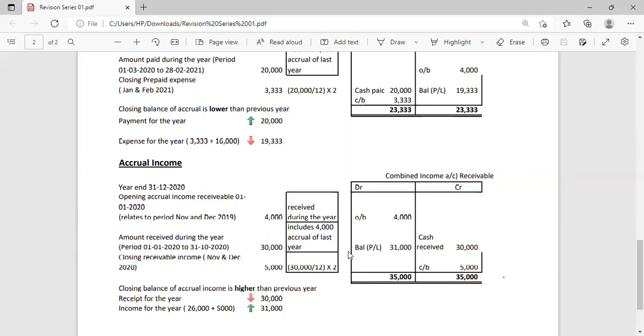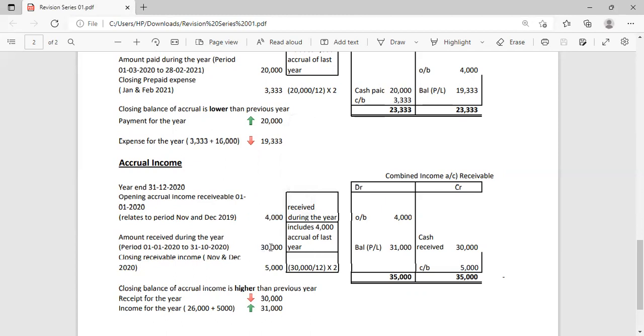In this case, as accrual income is a current asset, the opening balance appears on the left side and the closing balance will appear on the right side. You will calculate the same way as you calculated in accrual expenses. This opening balance represents the amount which was accrued last year but will be received this year.